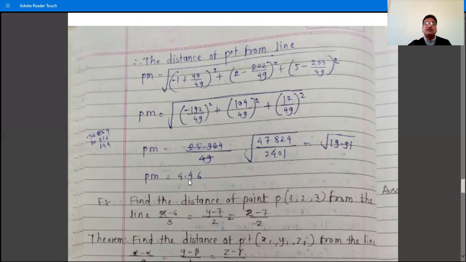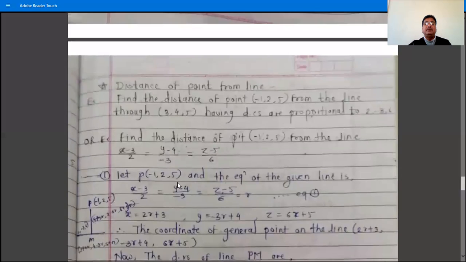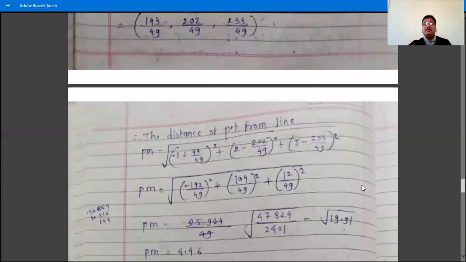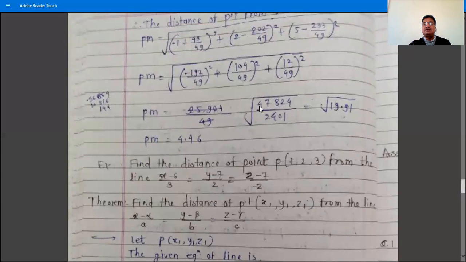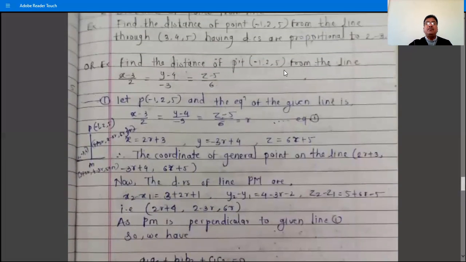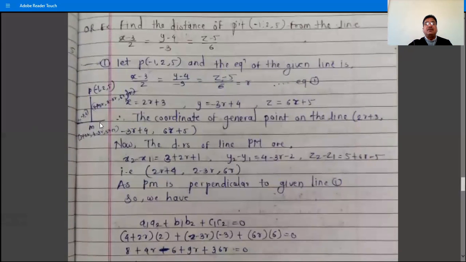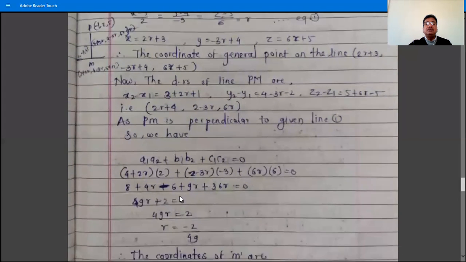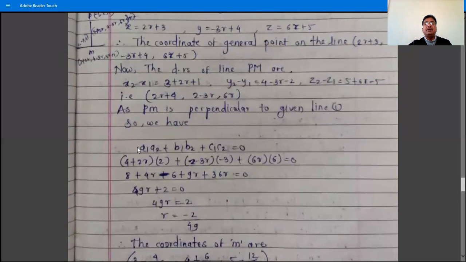So this is the answer, the distance of the point from the line, PM. How can we find the distance of a point from a line? First write the coordinates of a general point on the line, then write the direction ratios of the line PM, and then use the condition that PM is perpendicular to the given line.